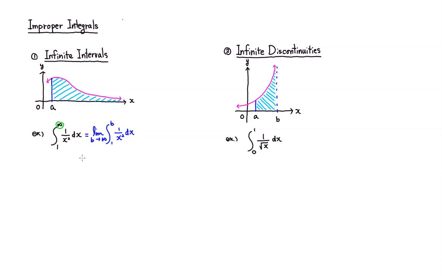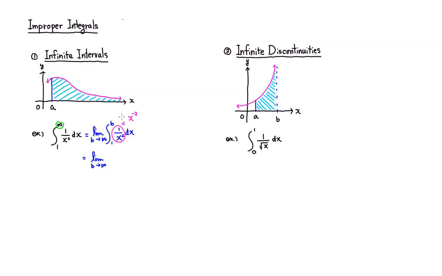This is going to be equal to, and we're going to take care of the limit later. Here, in the integrand, I don't like fractions, so I'm going to rewrite it as x to the negative 2 power, since it's on the bottom.